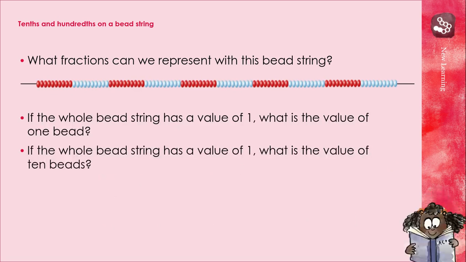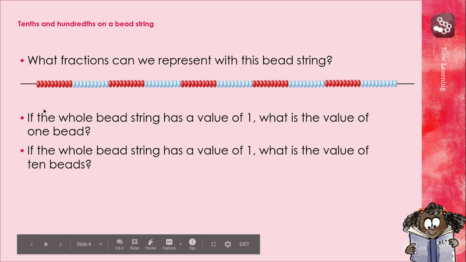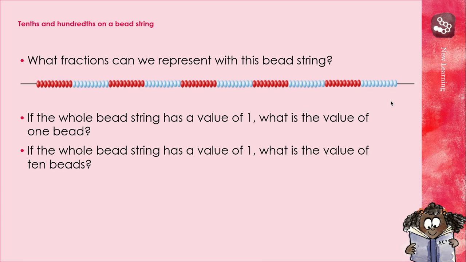Okay, what I want to do is have a look at this bead string. This bead string has 100 beads on it. Now, without counting each individual one, if I told you that it has 100 beads on it, and it's split into 10 equal parts, how many parts is one red section?